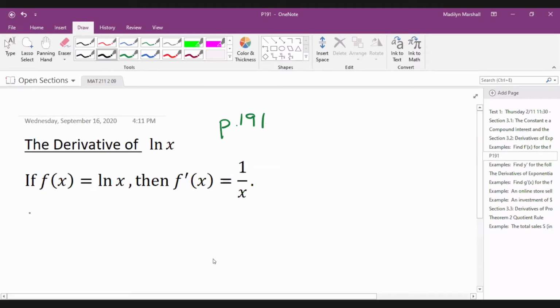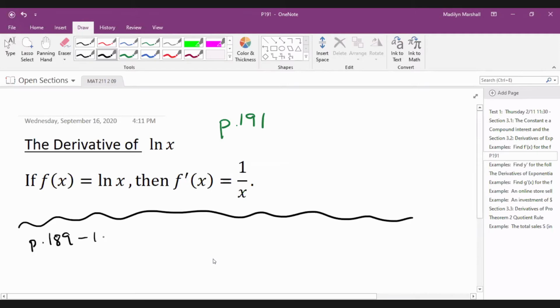So in the book, we are not going to go through this, but if you are interested in why this is true, the book goes through the 4-step process to find this derivative.